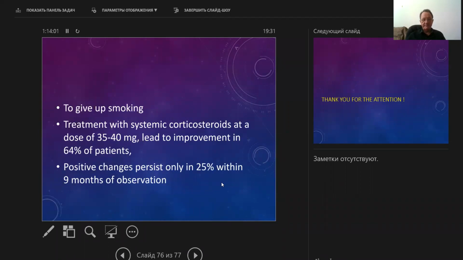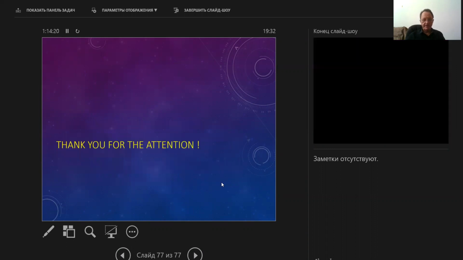Treatment is the same: to give up smoking. Treatment with systemic corticosteroids at a dosage of up to 40 mg leads to improvement in 64% of patients. Positive change persists only in 25% within 9 months of observation.